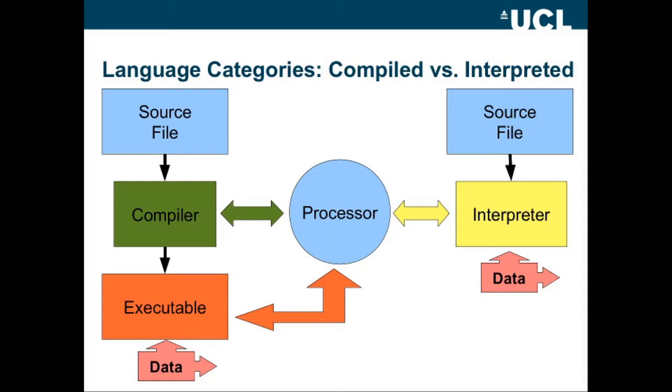Now, the major reasons that that is an advantage are, first of all, that the code runs faster, and secondly, that if you wish to distribute your code without distributing the source code, you can do that, and it makes it much more difficult for people to copy or understand what's going on inside your code, which may or may not be a good thing. But obviously, if you're a commercial company like Microsoft, you don't want people being able to see exactly how your code works.